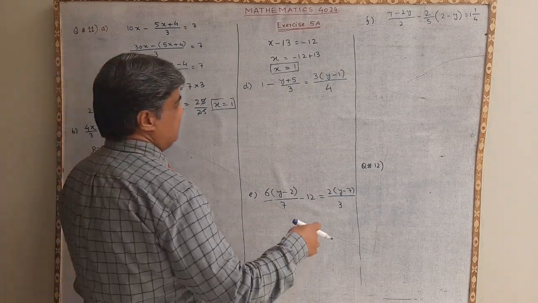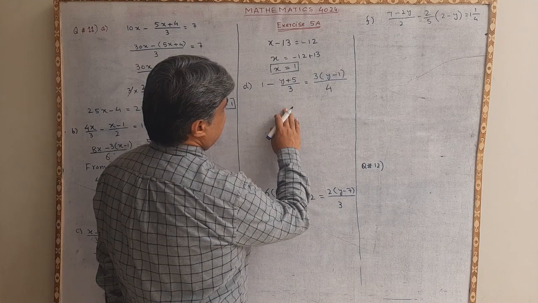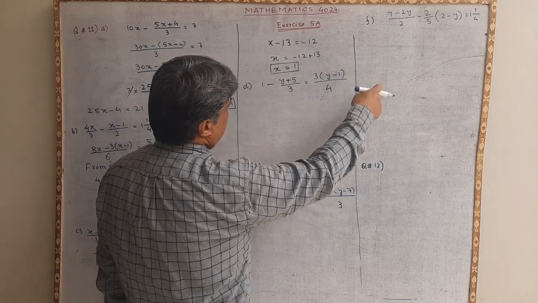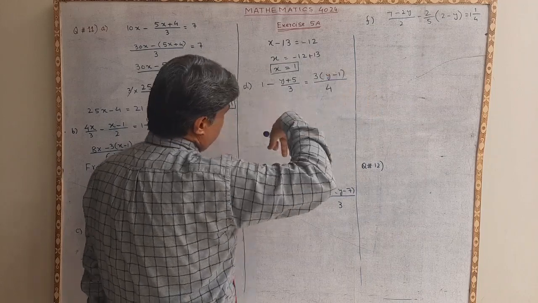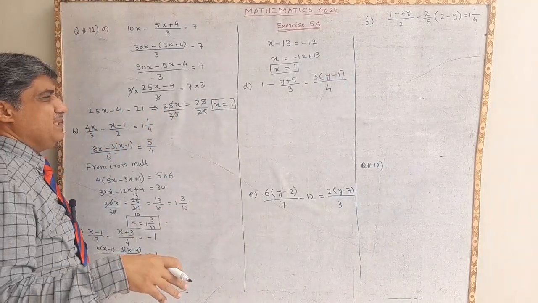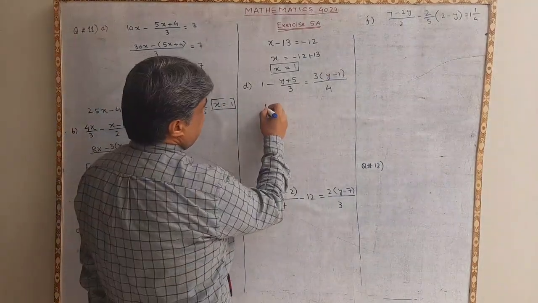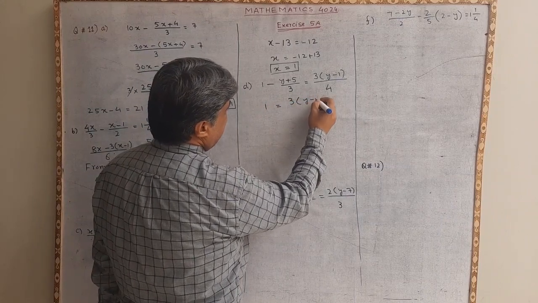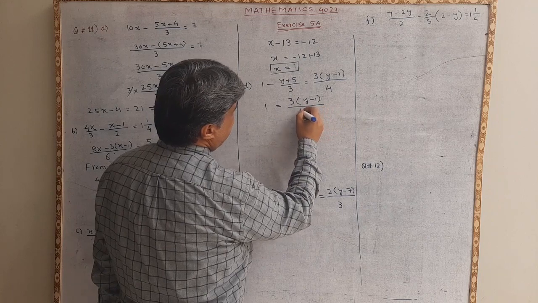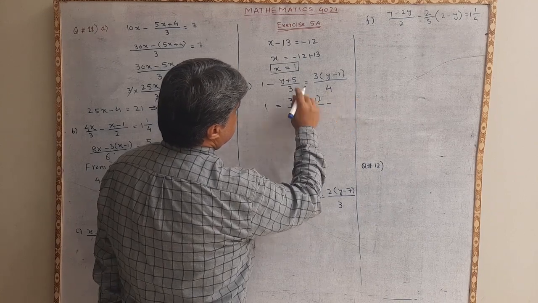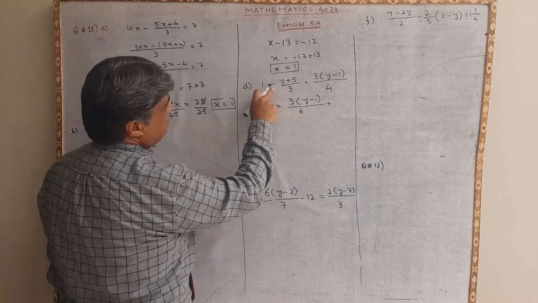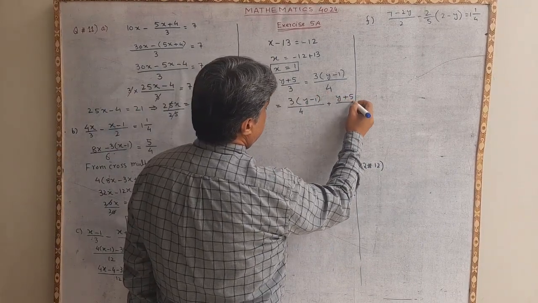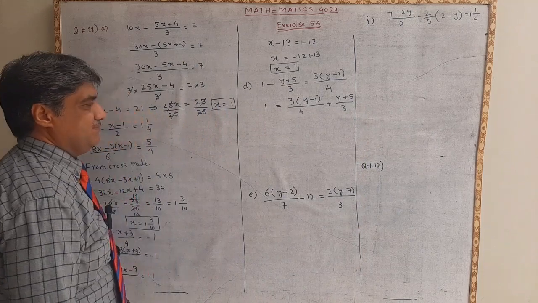Gradually we are generating our concept. So first of all, I have to shift this to that side. You can shift that, but it will be one extra step. So I am writing 3 into y minus 1 divided by 4, minus will become positive this one, and I will write y into 5 divided by 3.